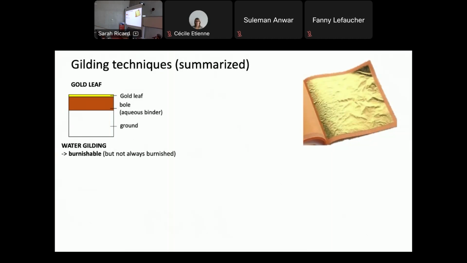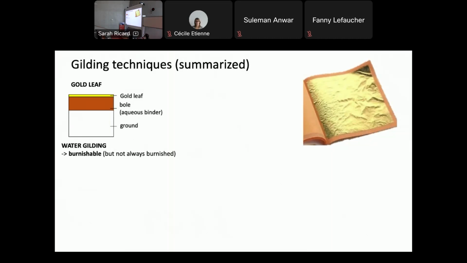Water gilding is applied on a ground, an assiette, that is made essentially of clay, but it's not always a bole. It is a layer preparatory to the laying of the gold leaf, that is humidified with water, which makes it an aqueous binder, hence the water gilding, dorure à la détrempe in French.